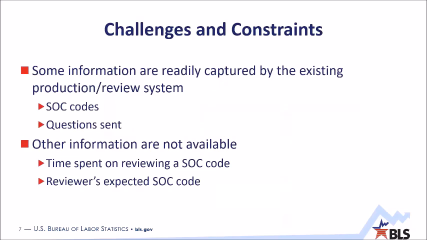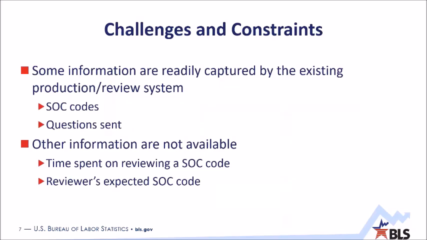Okay. Now this type of experiment, while it's ideal in practice, is often not done due to various challenges and constraints that the team must face. So here I'll go over some of the challenges that we had to overcome.